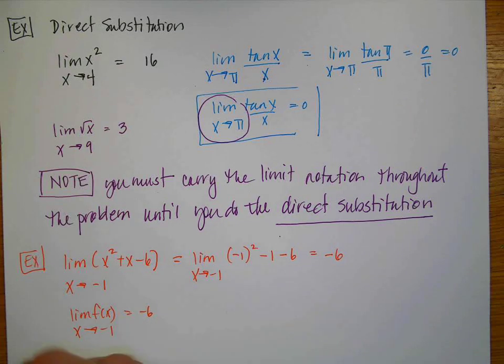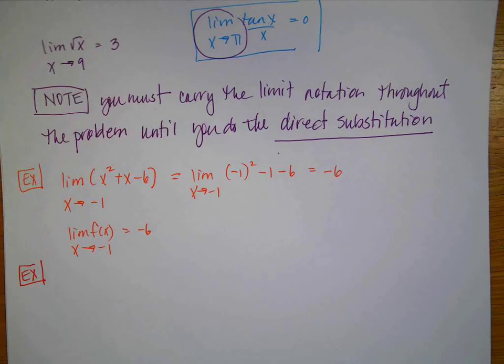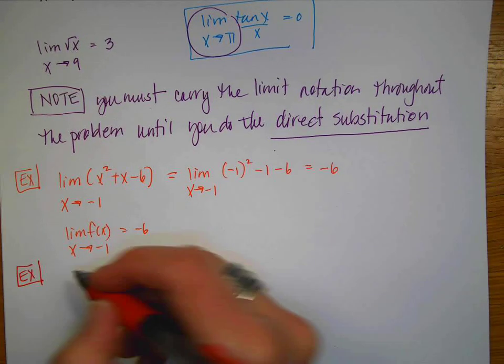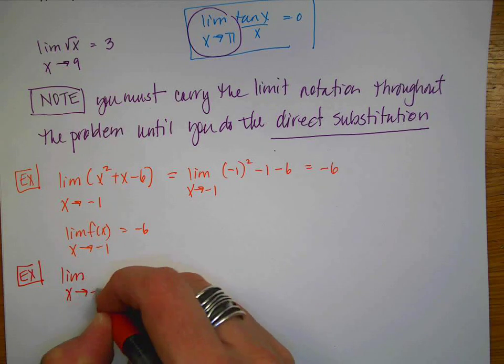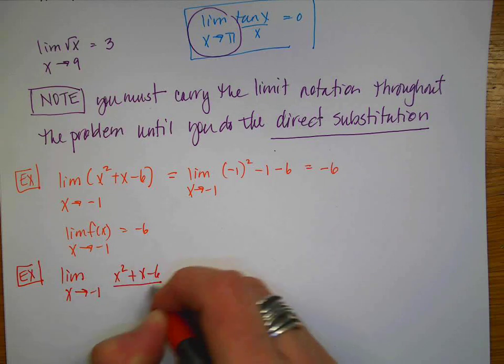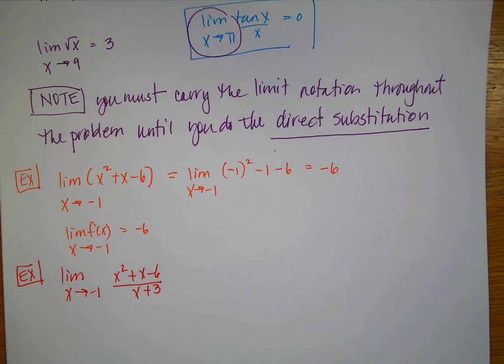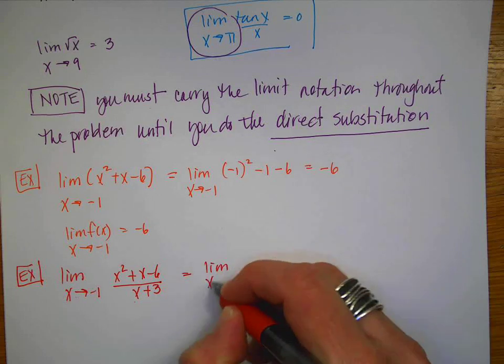All right. Next example, and I'll move my paper up in just a sec. For our next example, let's do the limit as x approaches negative 1 of x squared plus x minus 6 over x plus 3. So again, the first thing that I want to check is whether I have that indeterminate form, but this is okay. So then I'm just going to do my substitution.